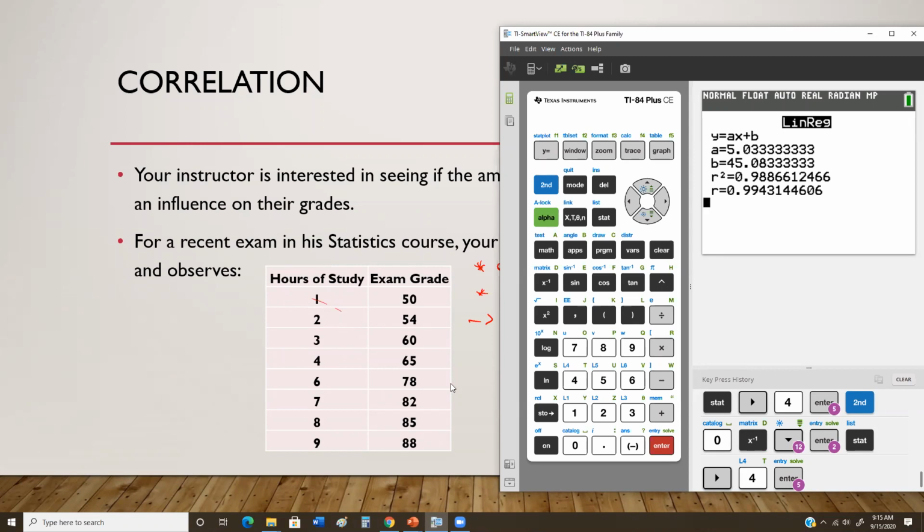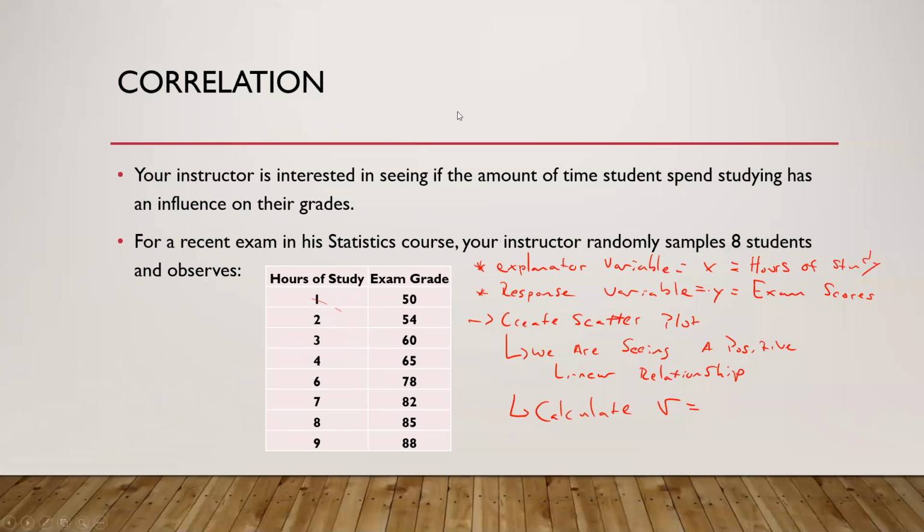Okay. All right. So for us, what we're interested in is this value R. It's 0.9943. Okay, and this is really close to 1. So just by looking at that, since it's really close to 1, it means, yeah, for sure, we have strong evidence of a linear relationship here.